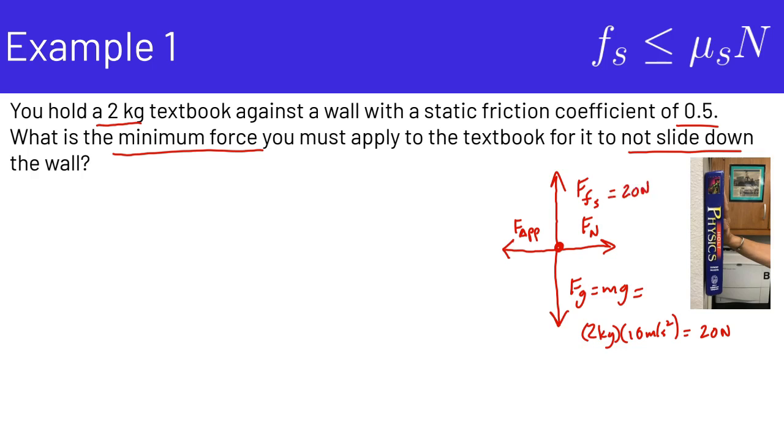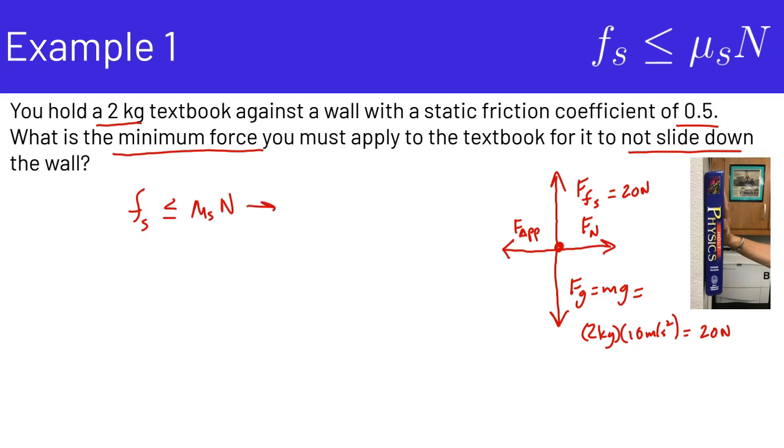So what we're trying to figure out is the normal force. That's going to tell us how much force we apply. Our static friction force is less than or equal to mu sub s times N, and we want this to be equal to 20 newtons.